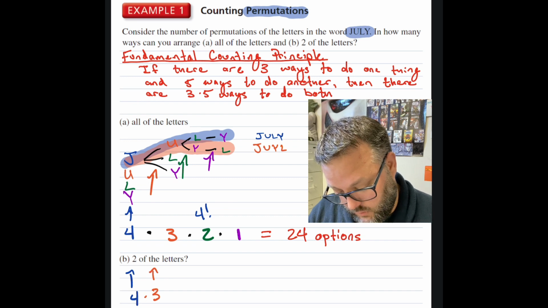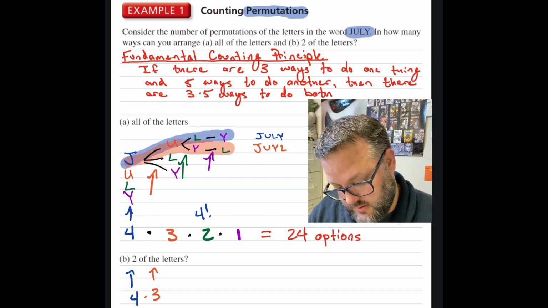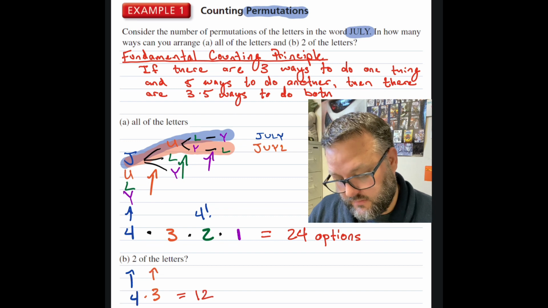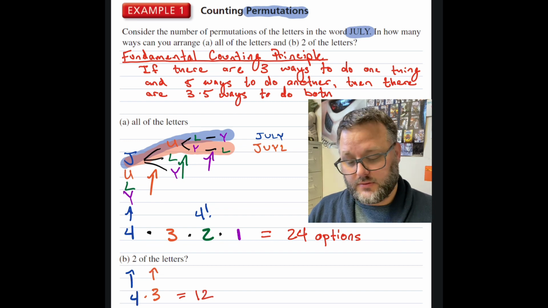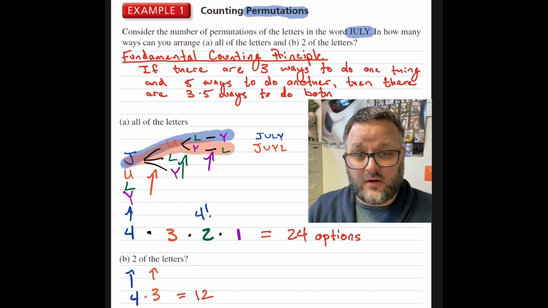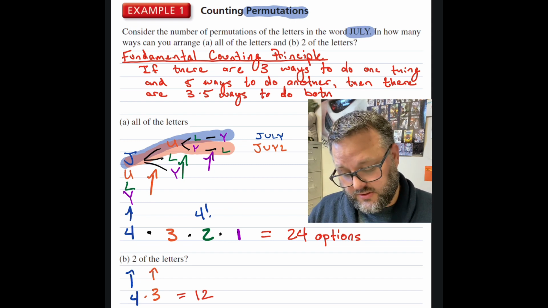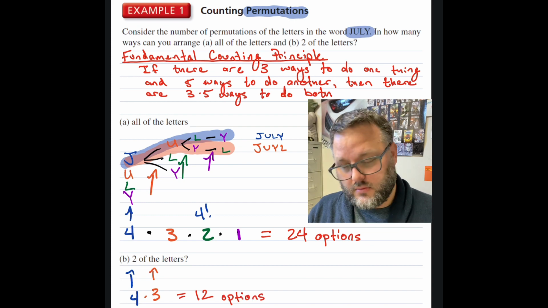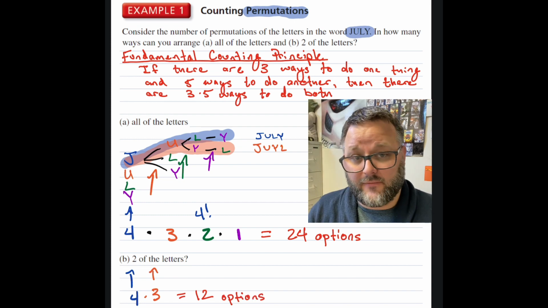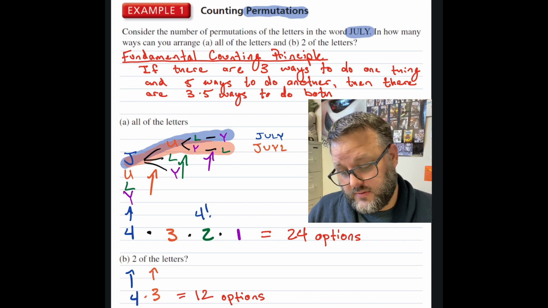If I take 4 times 3, I'm going to get 12. So if I have access to all 4 letters in the word July, I've got 24 options. But if I only use 2 letters out of the 4 letters in July, then I have 12 options.